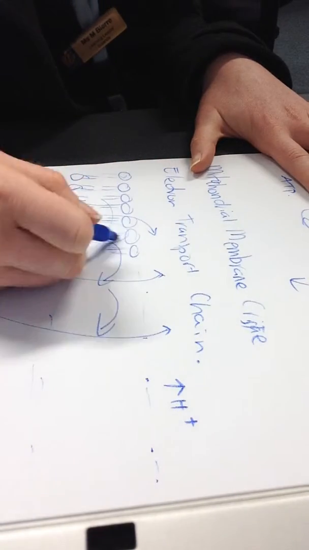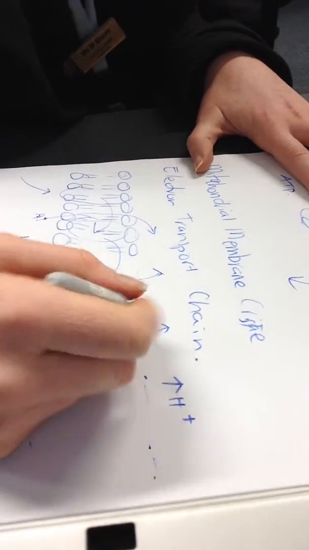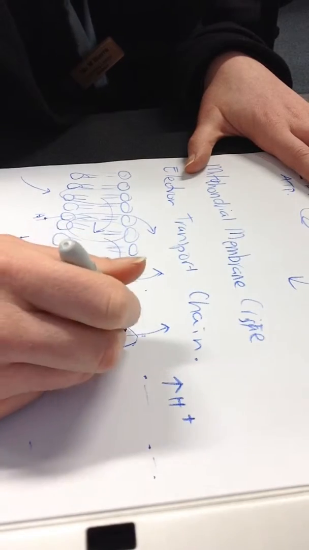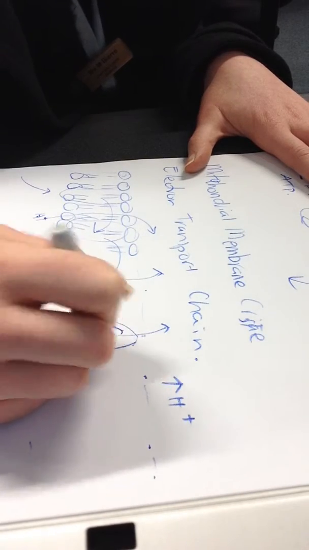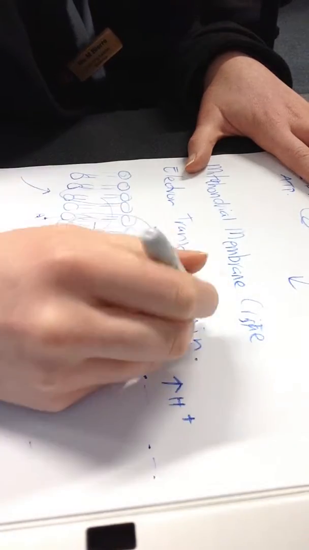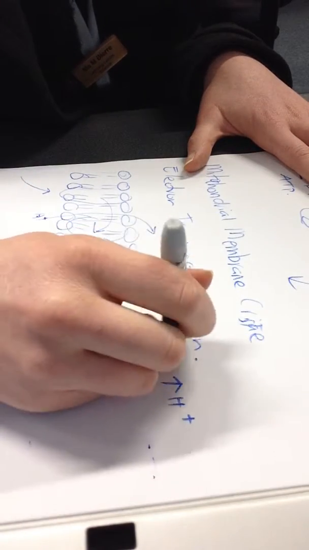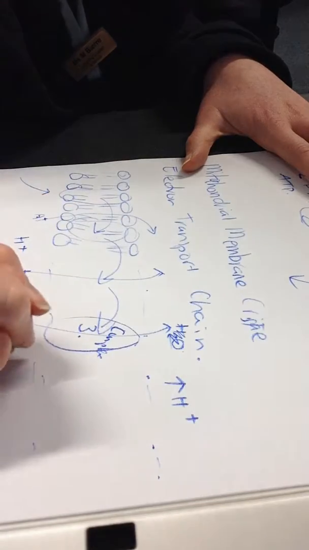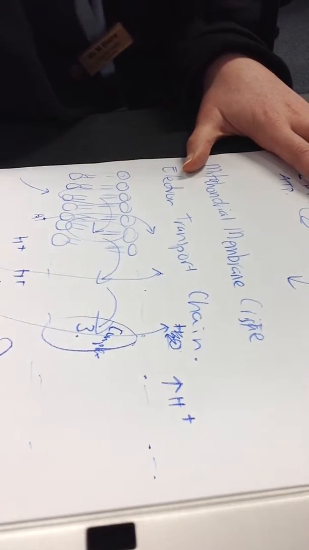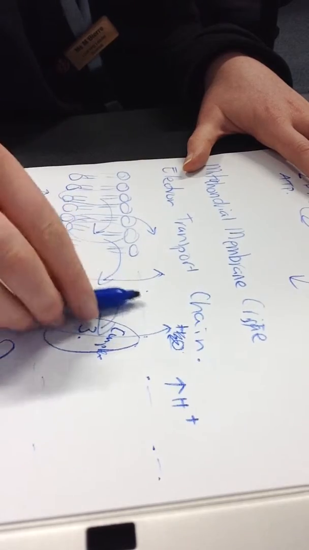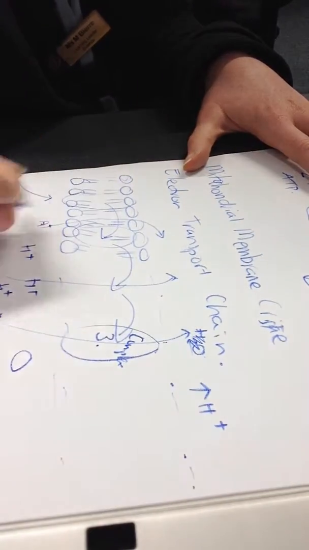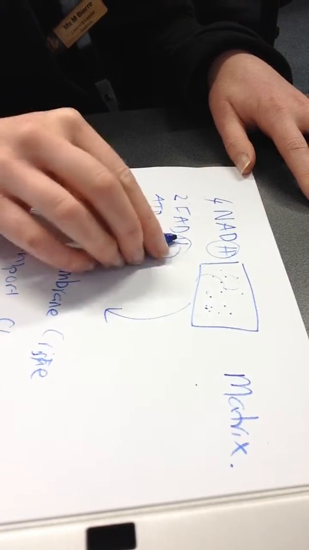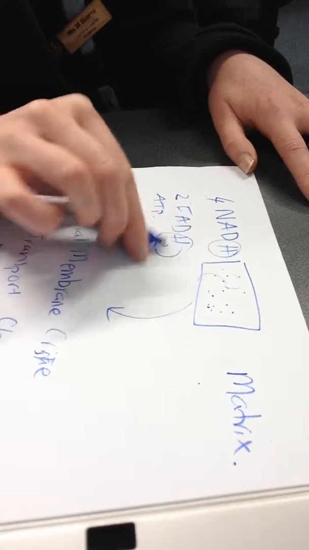So basically the electrons come over, jump, and then they hit complex 3. Let's say it's complex 3. This is where the oxygen comes in. Sorry, not where the water comes in, where the oxygen comes in. This is why oxygen is really important. Because these electron carriers have dumped their electrons, they've now got these hydrogens floating around ready to join onto something.